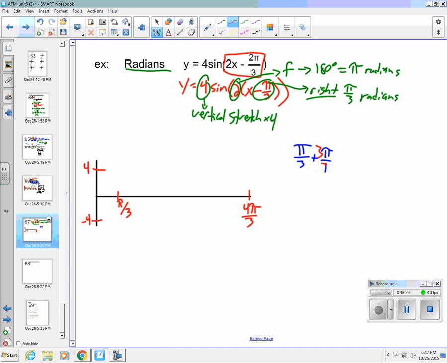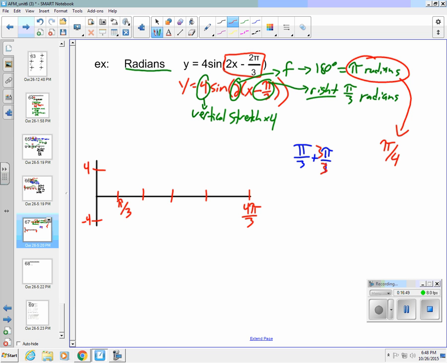That'd be 3 pi over 3, and that's where that number comes from. Every other mark is going to be exactly 1/4 of the way through the period. So again, the period is pi radians, so each jump should be pi over 4, 1/4 of the way through the period.